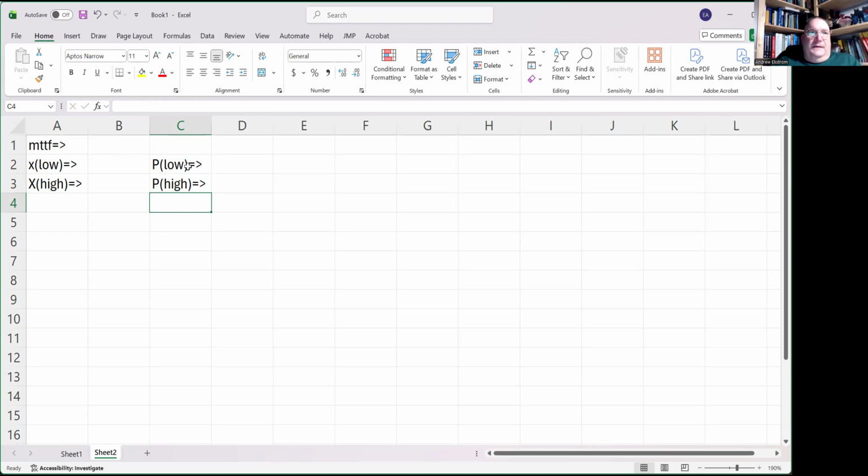Sometimes we want to know what is the probability that a part is going to fail between, say, 1,000 cycles and 2,000 cycles or something like that. So if I have a mean time to failure of, say, 6,000 cycles, and I want to know what's the probability it'll fail between 2,000 and 3,000 cycles, I can plug those numbers in.